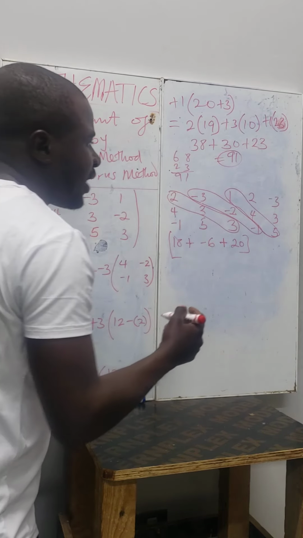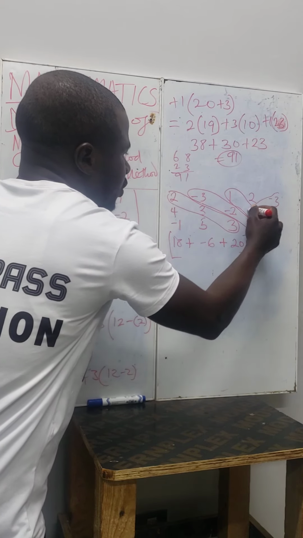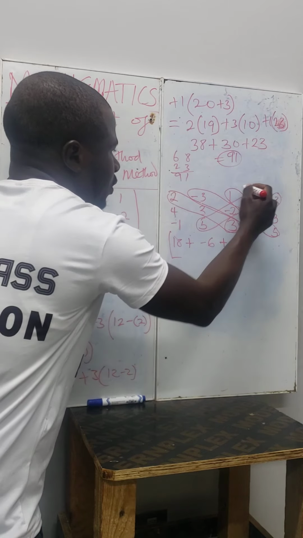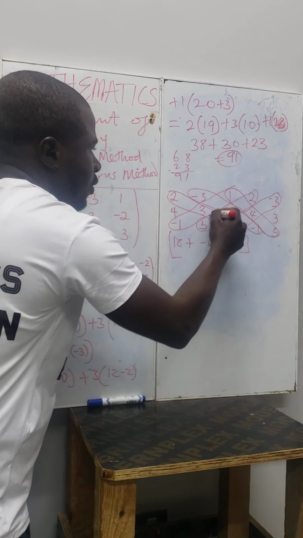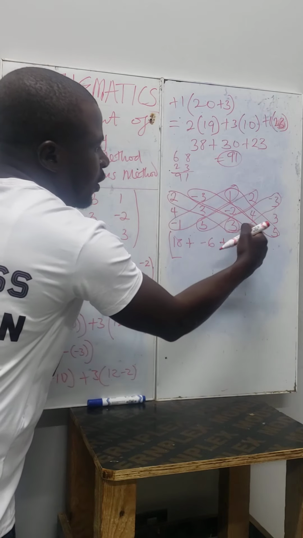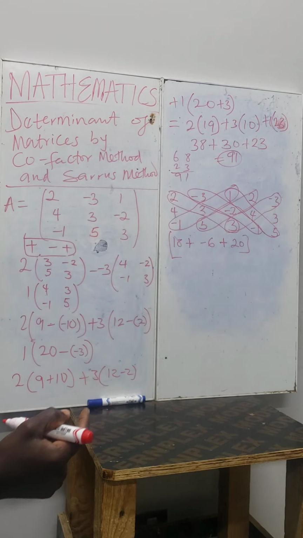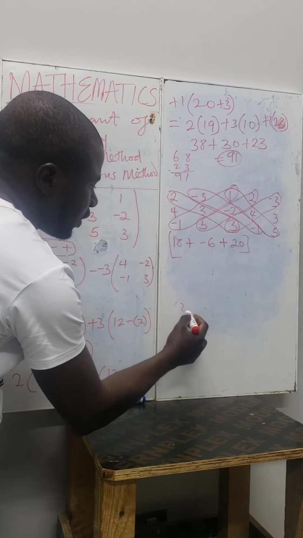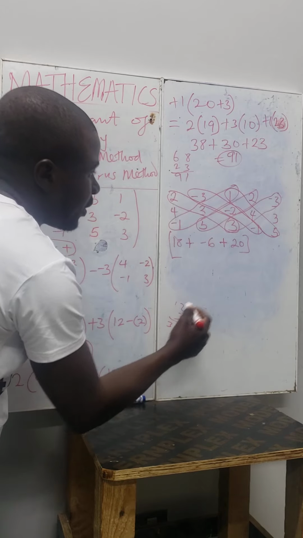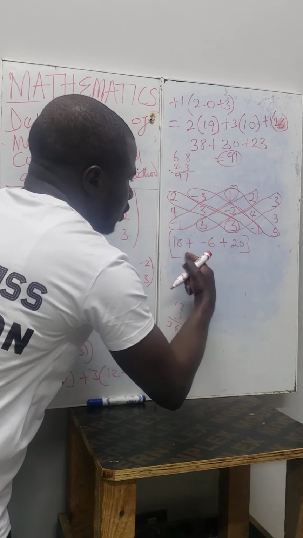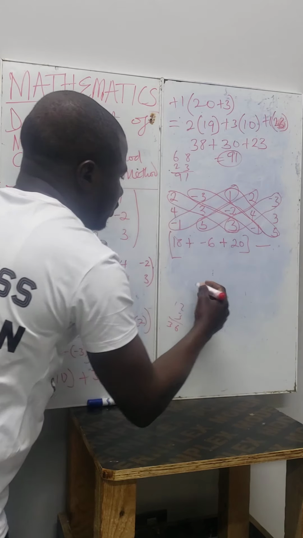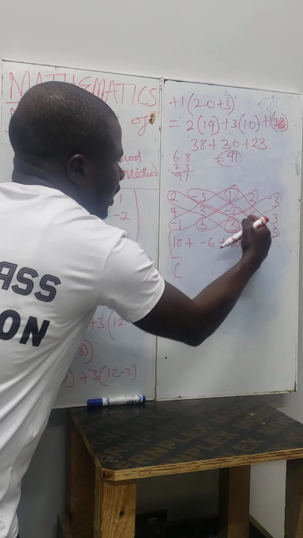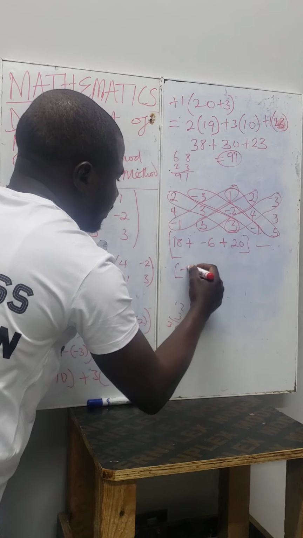Then you do the same thing for the minor diagonal. You take them like this from here. 3 times 4 is 12. 12 times minus 3 is minus 36.